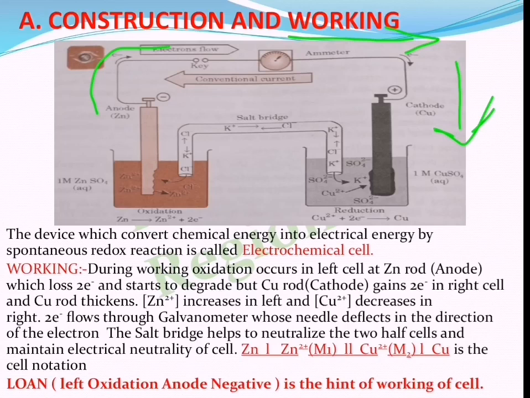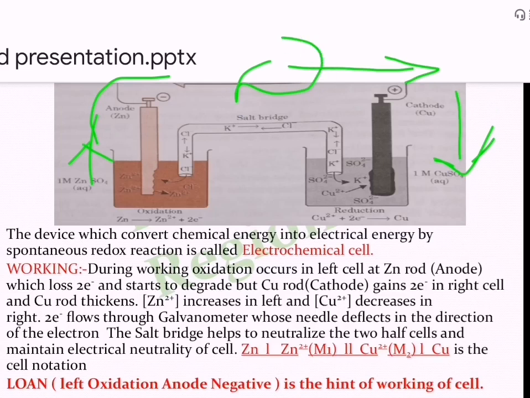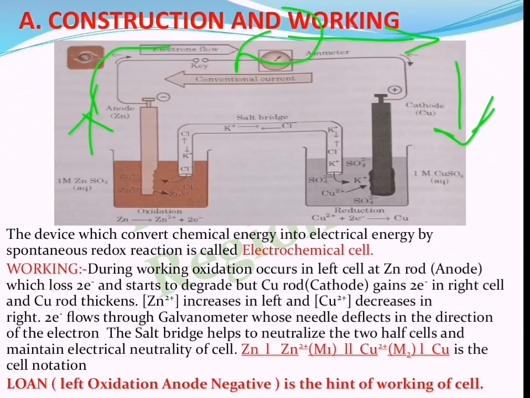That electron flows through this galvanometer and then reaches the copper electrode. So this copper rod on the right hand side thickens, it gains copper ions from the solution. The copper ion is deposited on this electrode and this rod thickens. Clear?